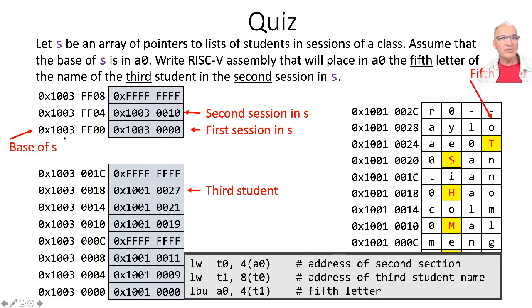If your type has 3 stars, you're going to have 3 loads. 2 loads are going to have to be load words because you are loading addresses. And the last load is for the type that you want. If it's an integer, you're still going to do a load word. But if it's a character, you're going to do a load byte. And as I said before, we favor the load byte unsigned so that we don't have sign extension.